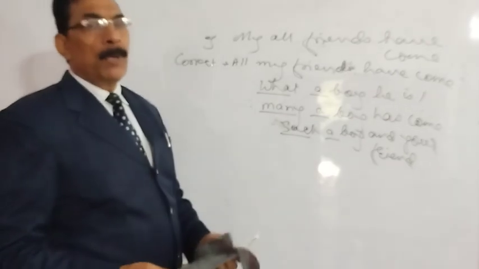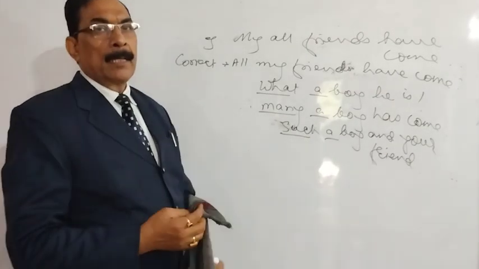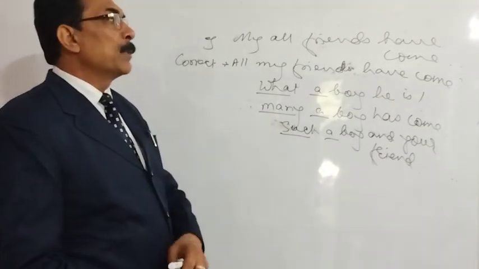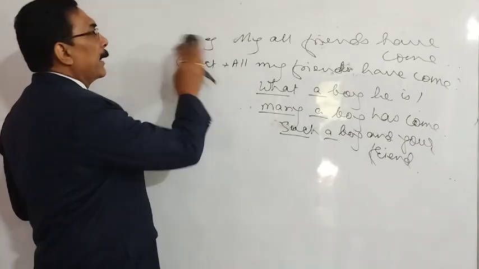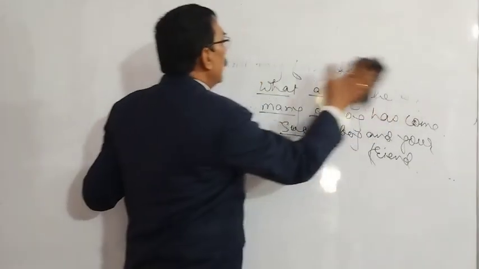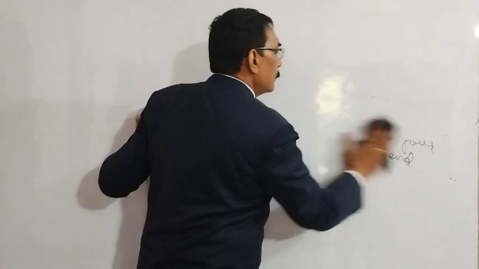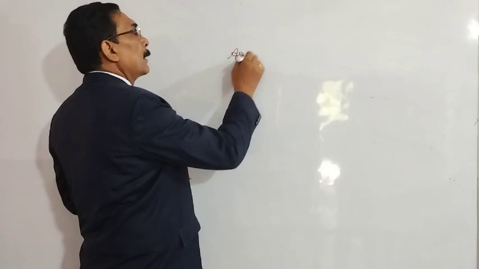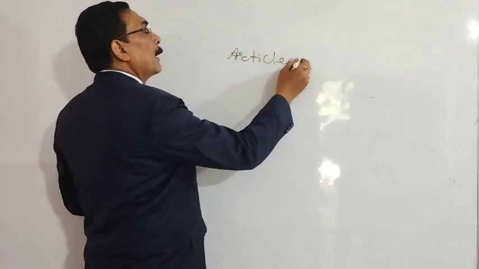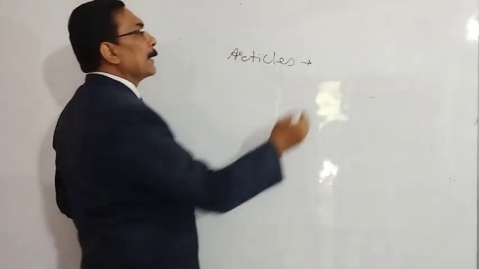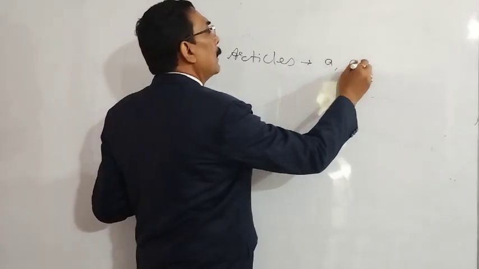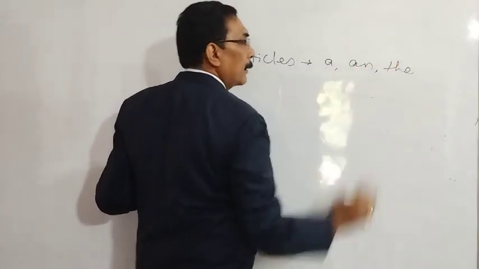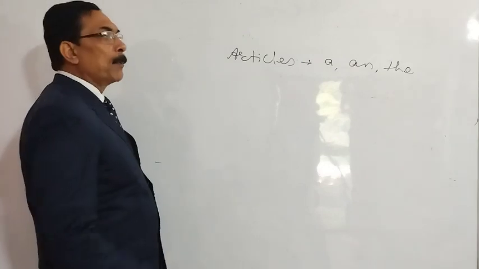Now, something more about this chapter. Although I'll be giving errors related to the chapter in the next videos, today I should make it clear that whenever we talk about articles, usually a, an and the come to our mind.